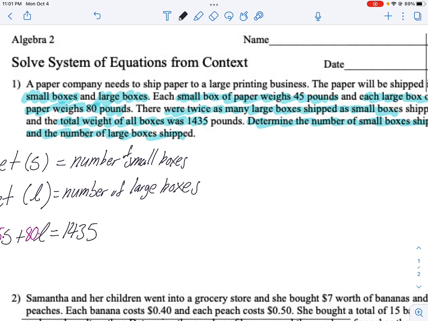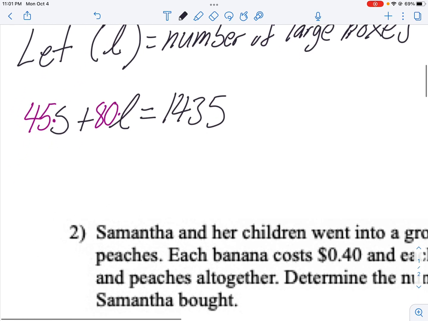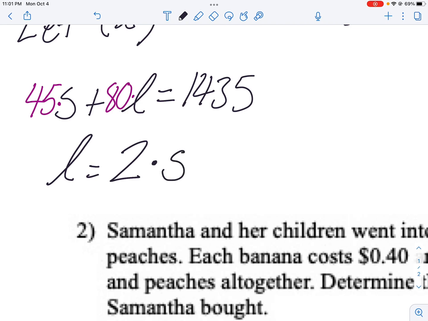My second equation says there were twice as many large boxes shipped as small boxes. Twice as many large boxes as small boxes. So large boxes is equal to twice, which means 2 times small boxes.